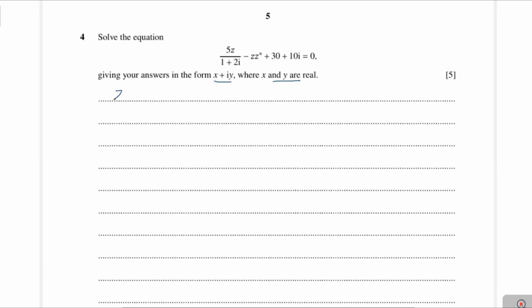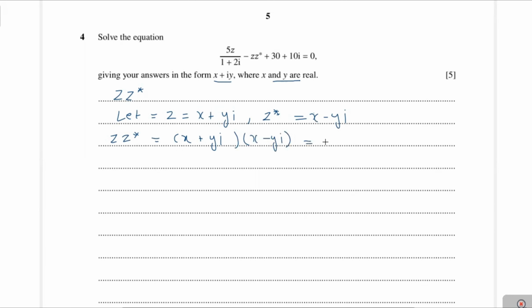Firstly, we find the value z into z star. You know, we suppose that z is equal to x plus yi and z star will be equal to x minus yi. This is the conjugate of z. Now we multiply z into z star. Now you see here x plus yi into x minus yi.